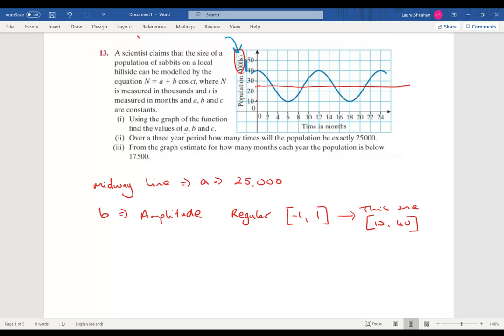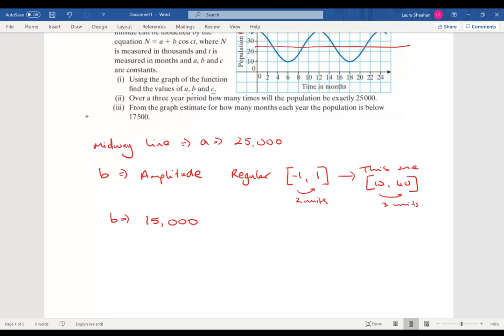From 10 to 40 is 30 units. And it's actually not 10 to 40, sorry, it's 10,000 to 40,000. For b, it's 15 times the amplitude. Now remember it's in thousands, so it's actually 15,000 times the amplitude.